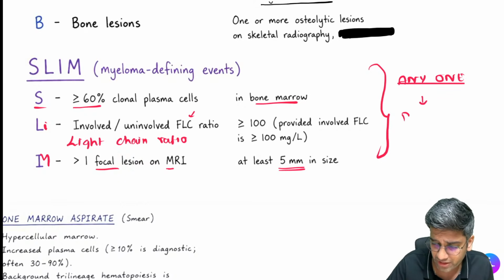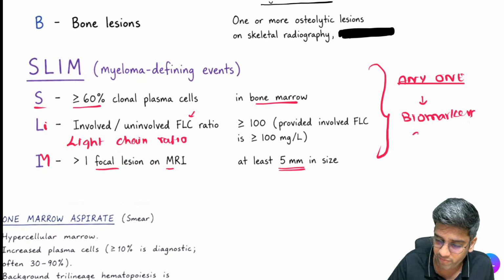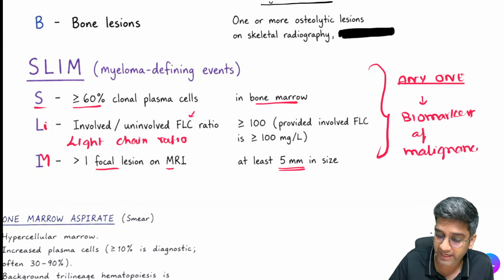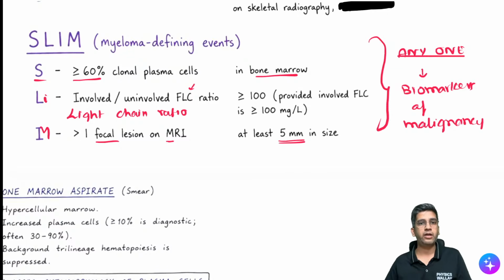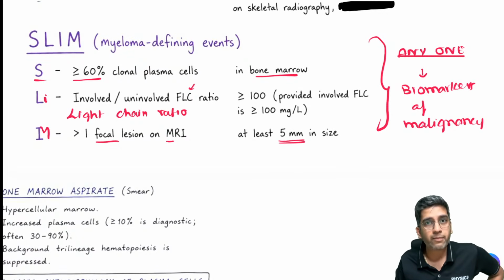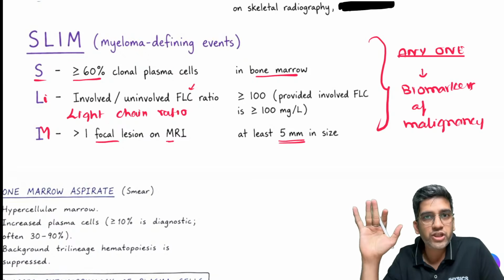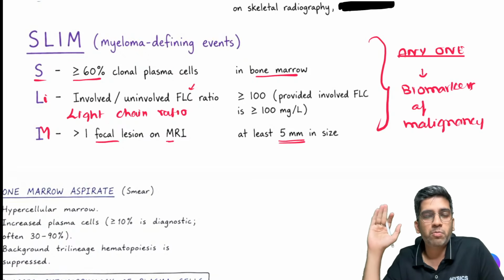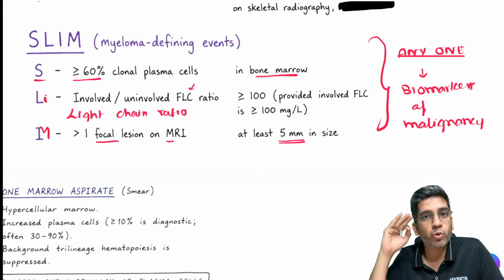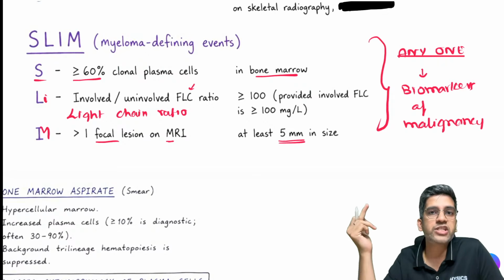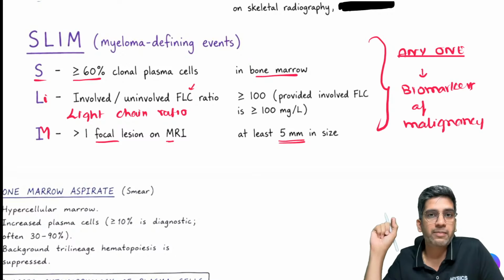That's why this is also called biomarkers of malignancy in case of multiple myeloma. I'm not going to use it for any other malignancy, only for multiple myeloma, right? So SLIM, myeloma defining events or biomarkers of malignancy: more than 60 percent bone marrow plasma cells, light chain ratio of more than 100, which means one is 100 times more than the other, and focal MRI lesions.